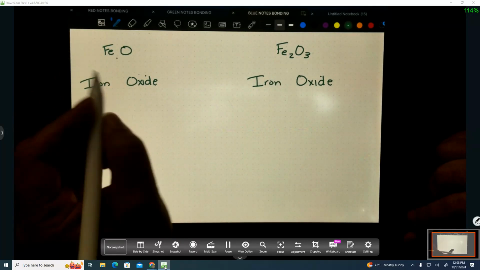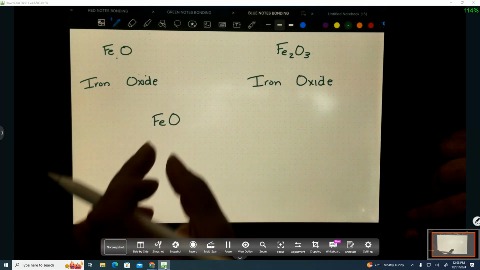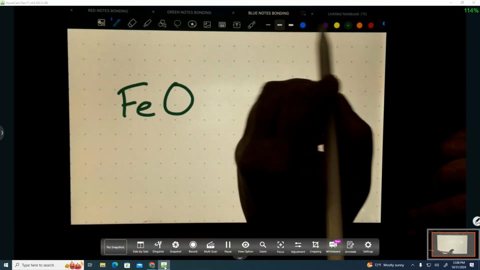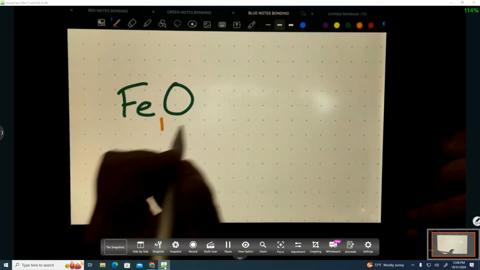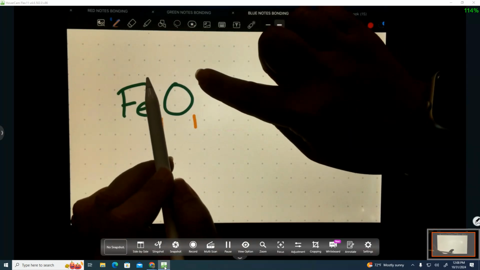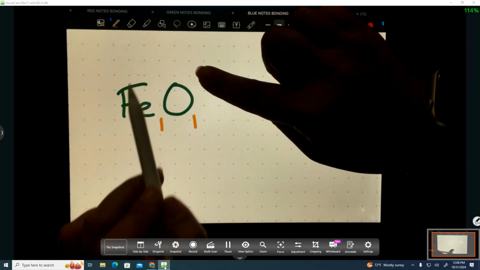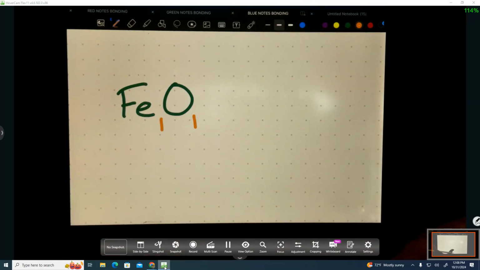This iron oxide, FeO, has a subscript of 1 and 1, which means that their charges are going to be in a 1-to-1 ratio. If we look at iron, iron has 2 choices. It can either be a +2 or a +3. If we look at oxygen, there's only 1 choice.